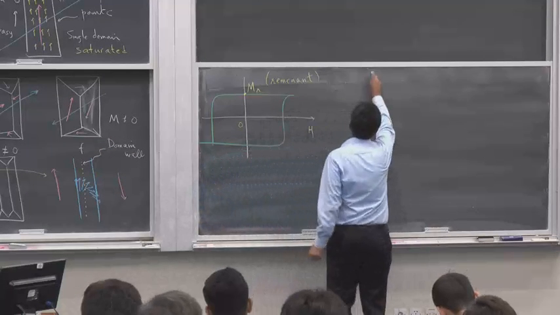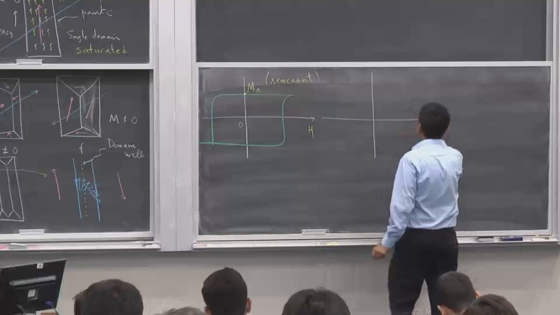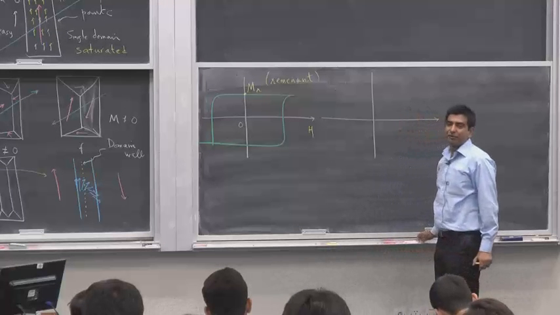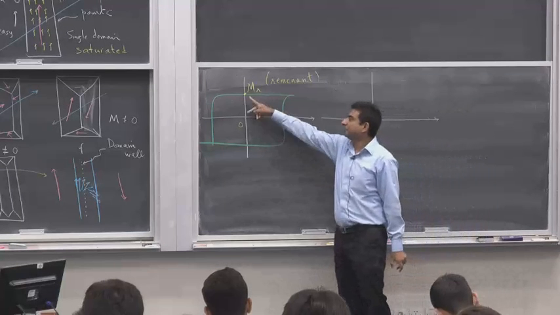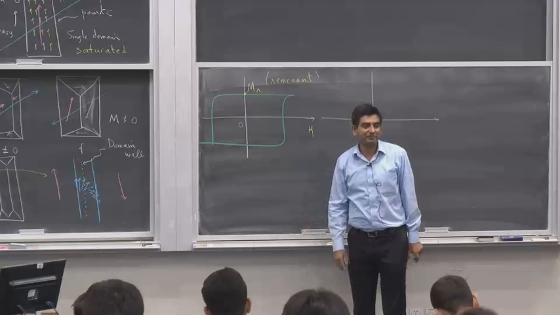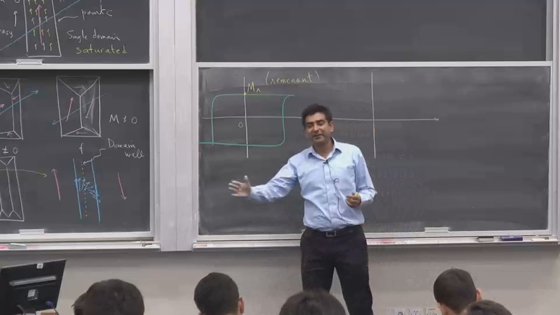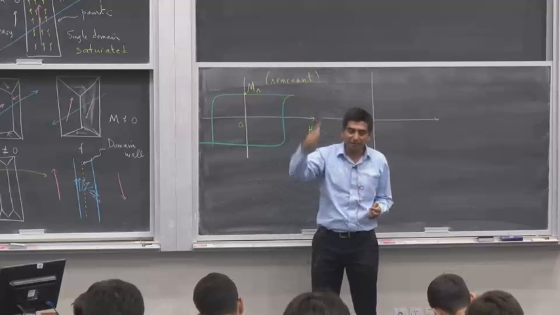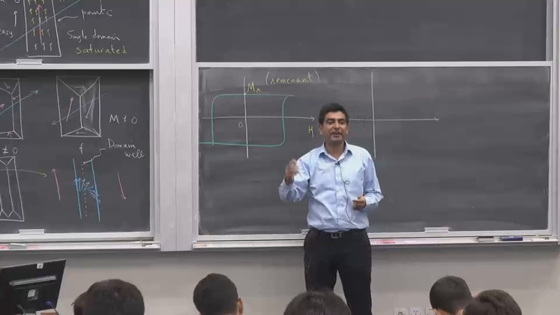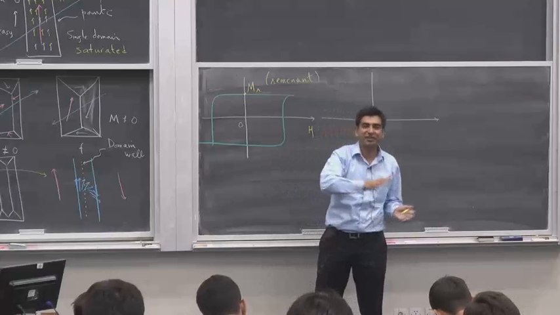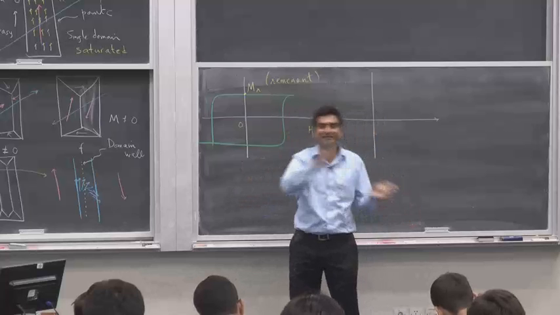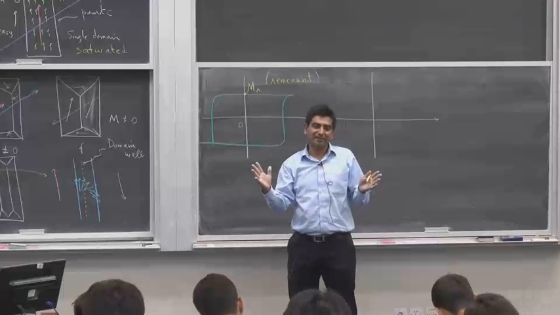For soft materials, for example the materials that you use in transformers, you don't want the magnetization to remain stuck inside the medium. You are applying an AC current in a transformer, so H is actually reversing its direction, and you would like the magnetization to reverse in tandem with the applied field.